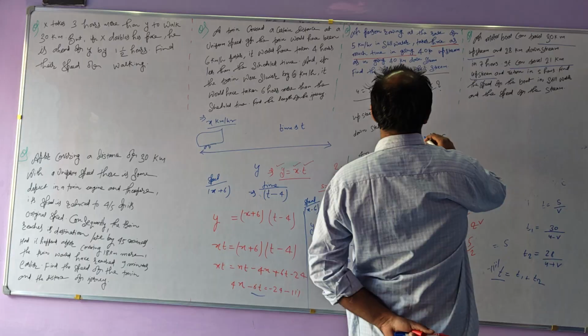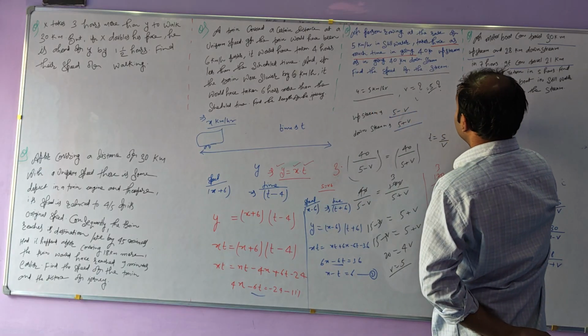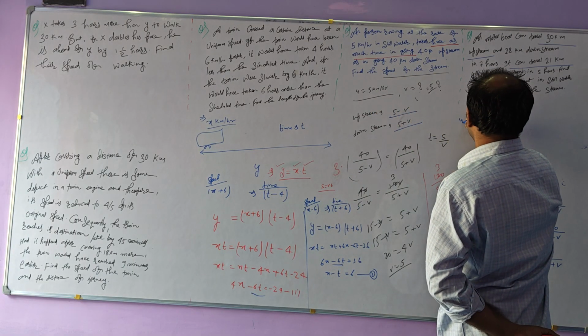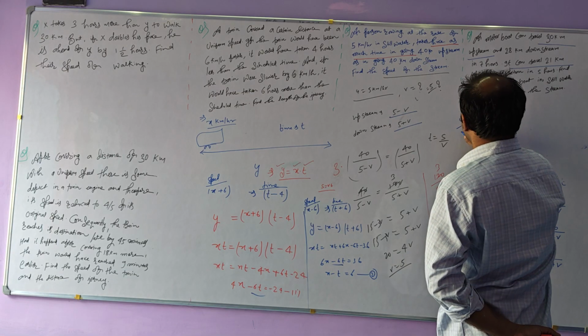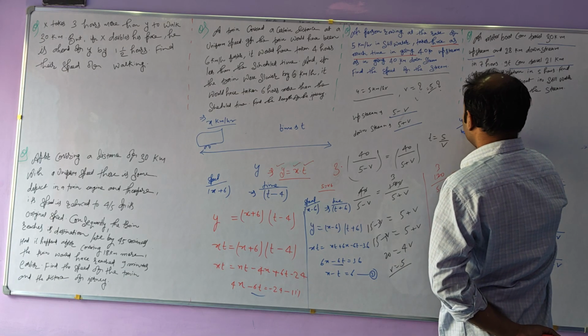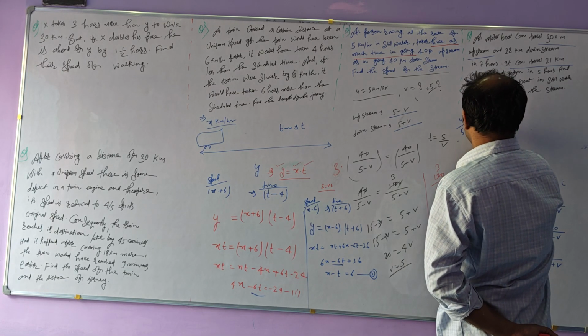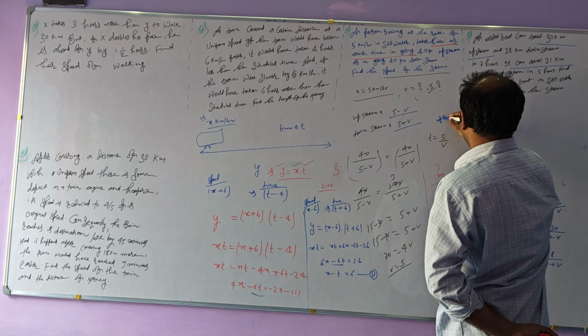In the upstream we get 40 upon 5 minus b.